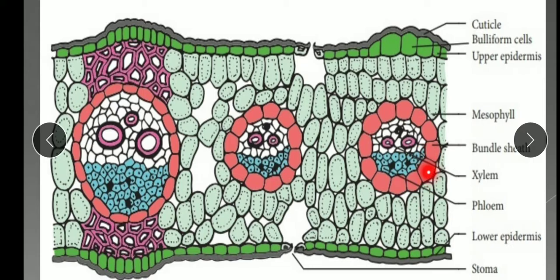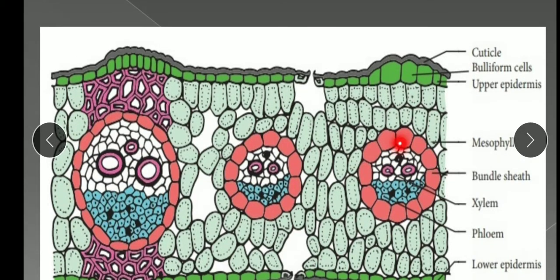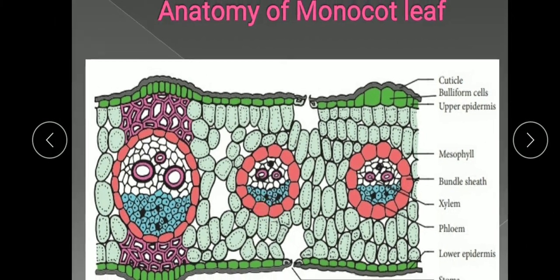The patches above and below the vascular bundles are sclerenchymatous, but these cells are parenchyma. And xylem vessels are numerous, and they are arranged in radial rows. So these are the xylem and phloem, the vascular bundles, and xylem vessels are many, arranged in radial rows.